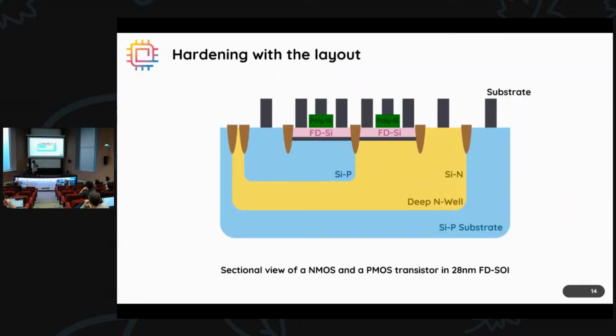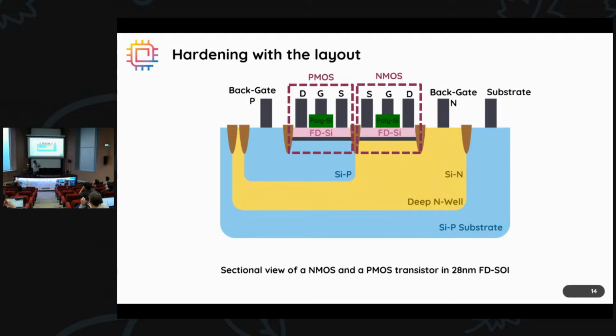So here is again the cut view of two transistors, PMOS and NMOS, with gate and source, and here are the backgates. As I said earlier, the backgates are used to tune the transistor performance, but they have the disadvantage that there are two PN junctions in the backgate that will generate currents when there is radiation.